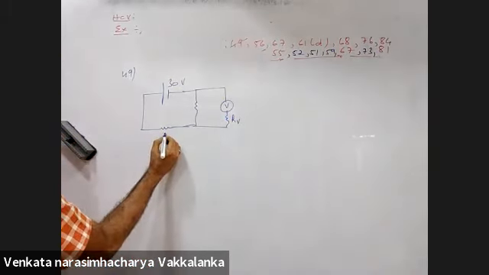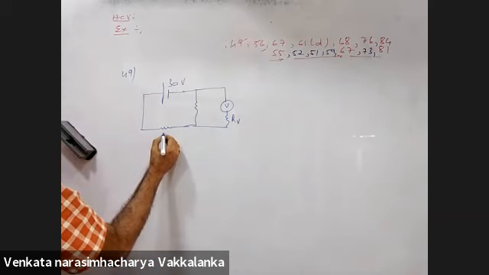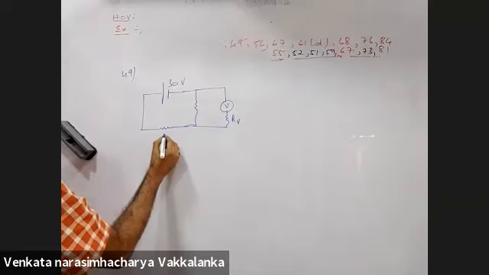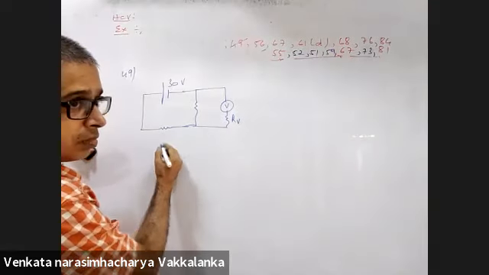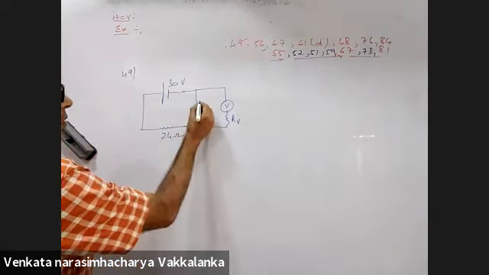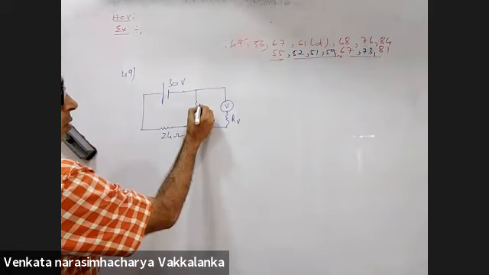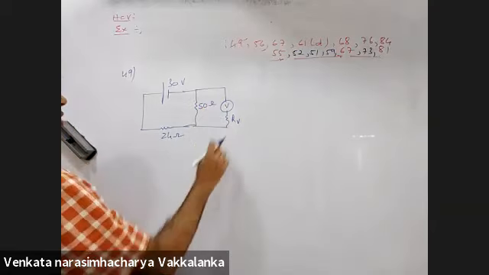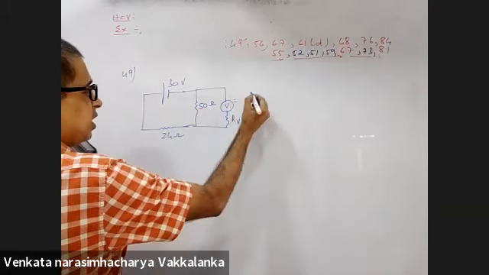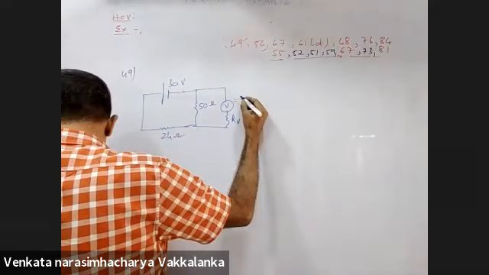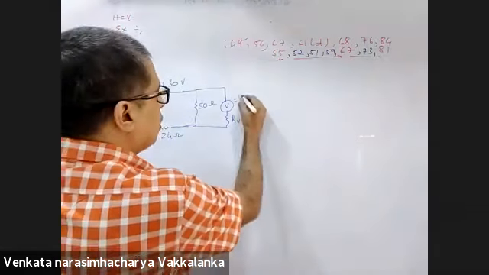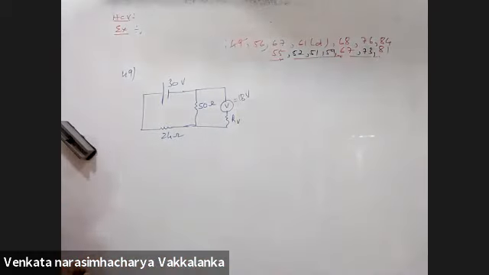Could you tell me this value? 24. And this one? 50. And you are telling me the voltmeter reading is 18 volts. You're asking me for RV.